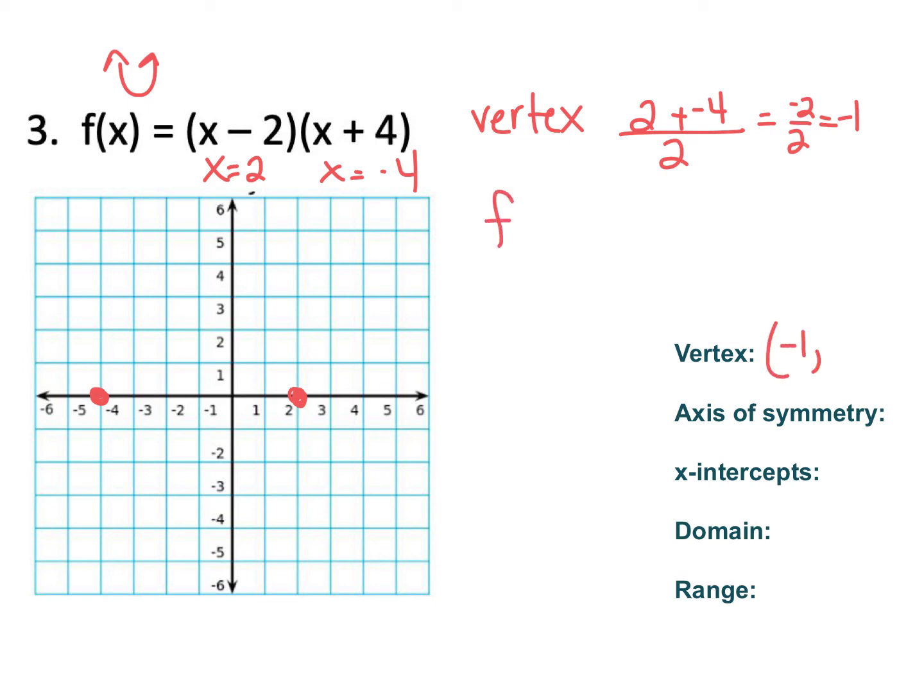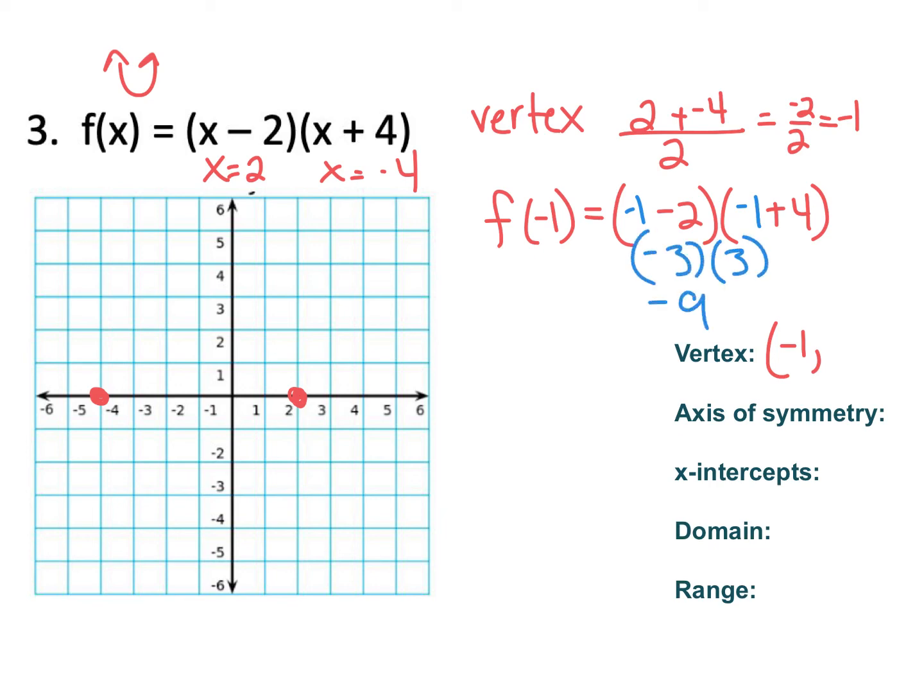How do I get what that something is? I always plug in my x to find my y. So I'm going to plug in -1. That gives me, let's see, -3 times +3, it would be -9. So my vertex is -1, -9.